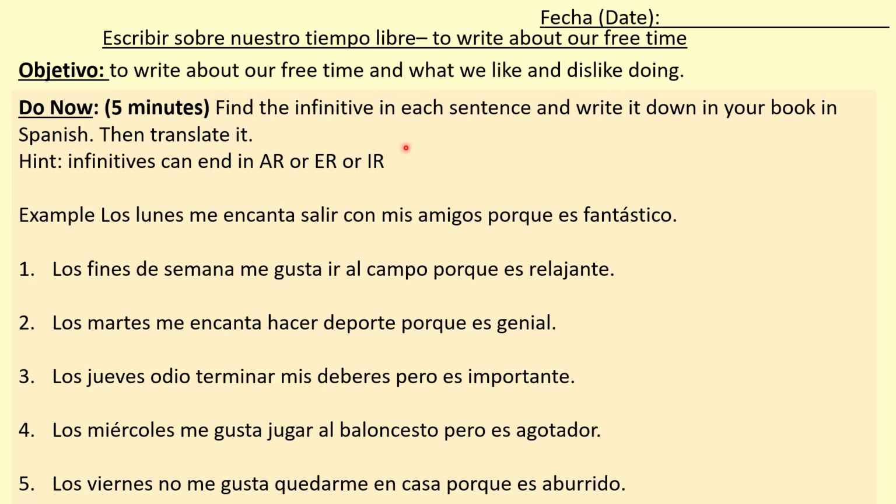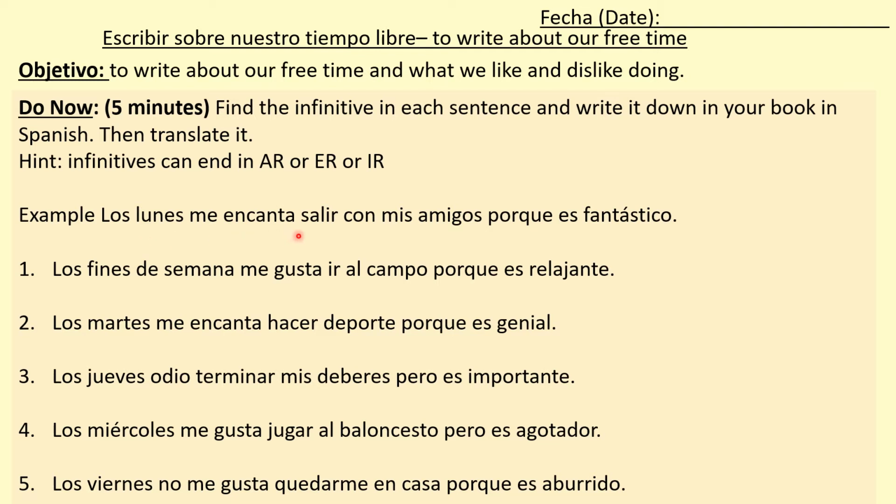So let's go through the example together so you see what I mean. Example. Los lunes me encanta salir con mis amigos porque es fantástico. Okay, so we're looking for a verb ending in AR, ER or IR. I haven't seen one so far. Me encanta is a verb, but it's already conjugated.